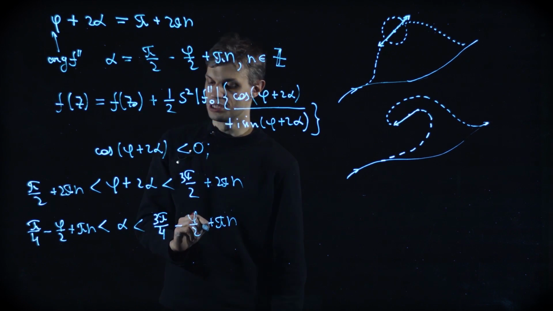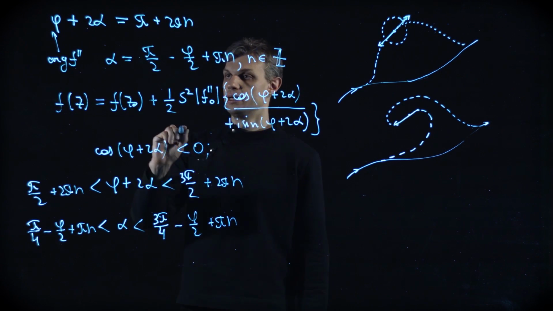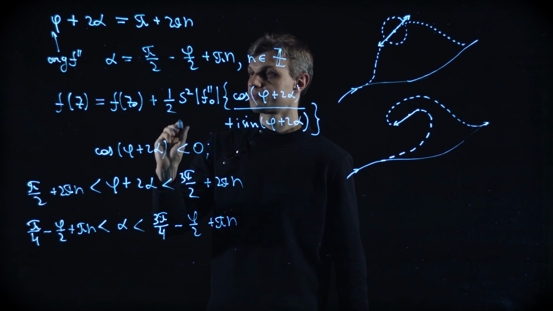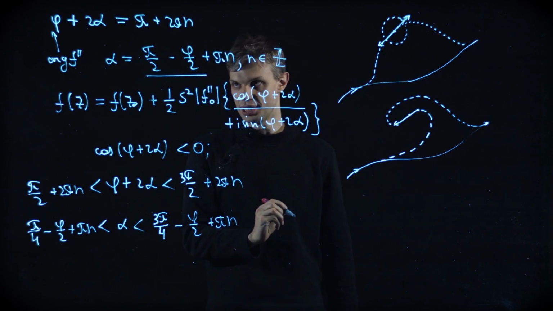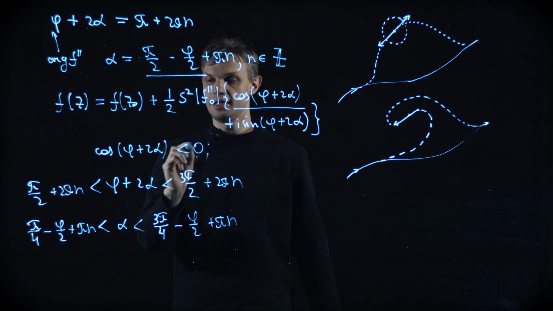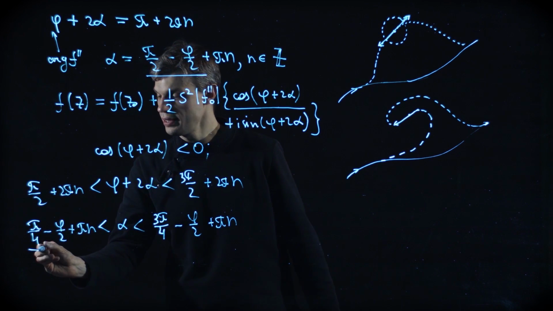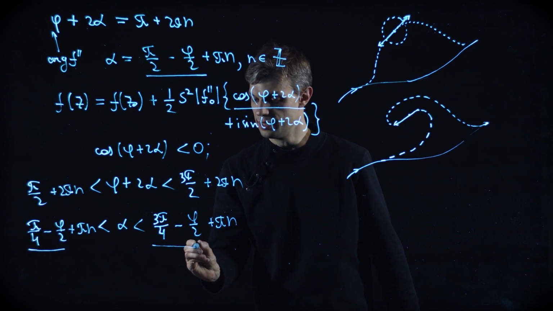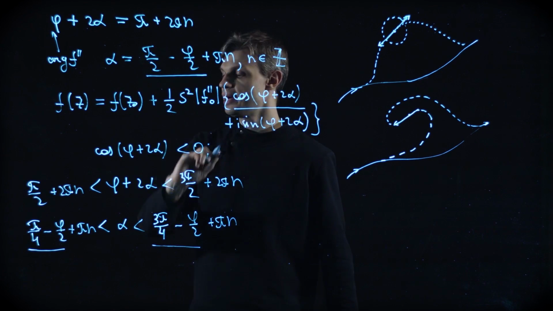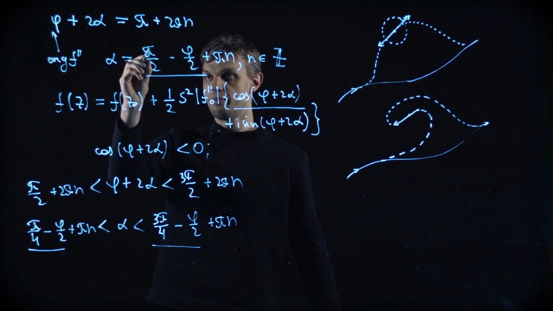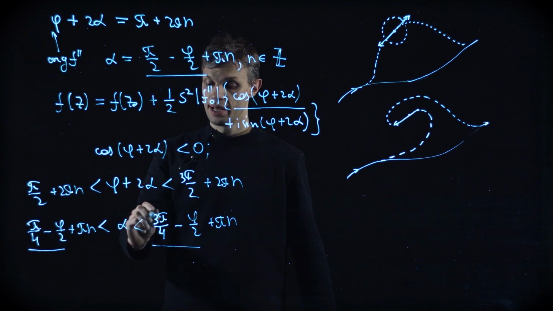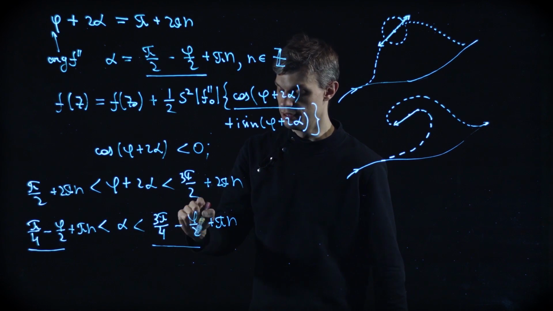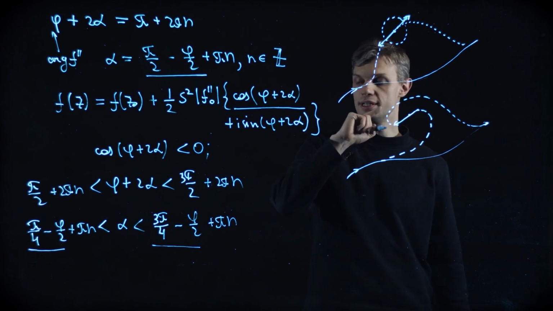So what are these regions? So let's have a look. First of all, this is the steepest descent direction. And as you can clearly see, these two angles, this one and this one, differ from the steepest descent by just pi by 4. Here you have pi by 2, and here basically it's pi by 2 minus pi by 4. And here it's pi by 2 plus pi by 4. So now we know what is happening.